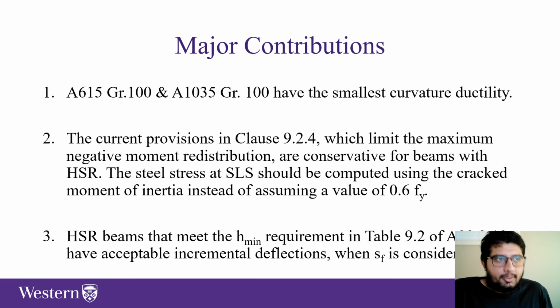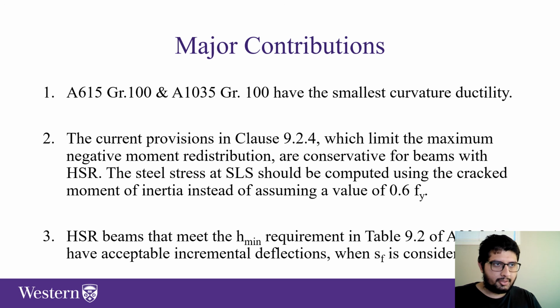From chapter 3, we can conclude that the current provisions in clause 9.2.4, which limit the maximum negative moment redistribution, are conservative for beams with high strength steel. Also, when we are satisfying the serviceability crack width criterion from ACI 318, then there are many factors that should be considered instead of assuming a value of 0.6 fy.